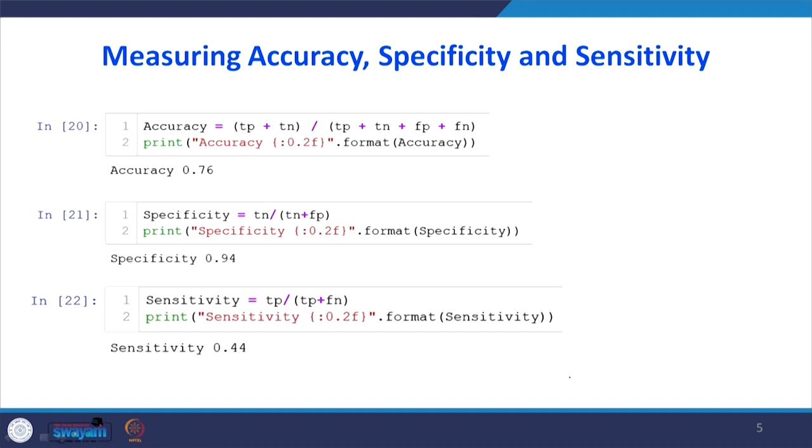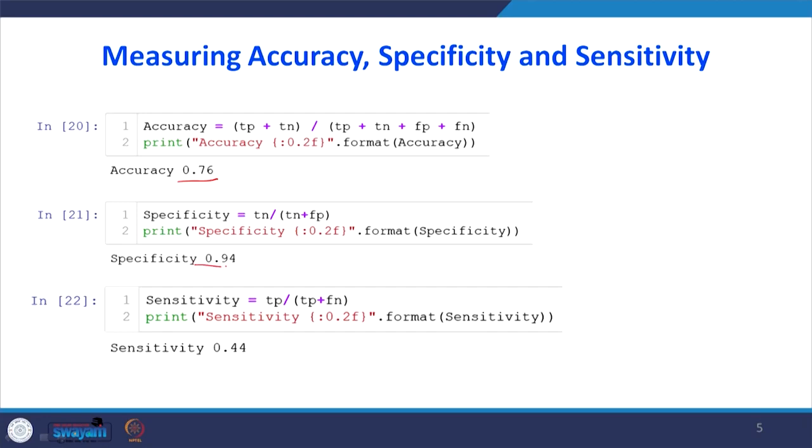First, we will check what accuracy is. Accuracy is true positive plus true negative divided by true positive plus true negative plus false positive plus false negative. The accuracy for our problem is 0.76. Then specificity is true negative divided by true negative plus false positive.